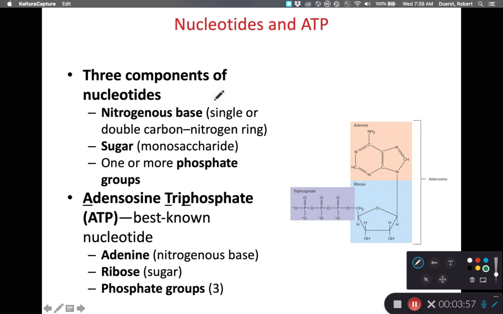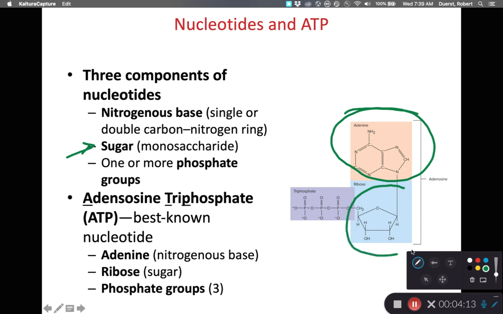As we look at an individual nucleotide, it is going to have three components. We're first going to have our nitrogenous base. In this case, our nitrogenous base is adenine. And then we're also going to have a sugar. In this case, our sugar is ribose. And then we're going to have some phosphate groups. In this case, we have a triphosphate, three phosphates attached.